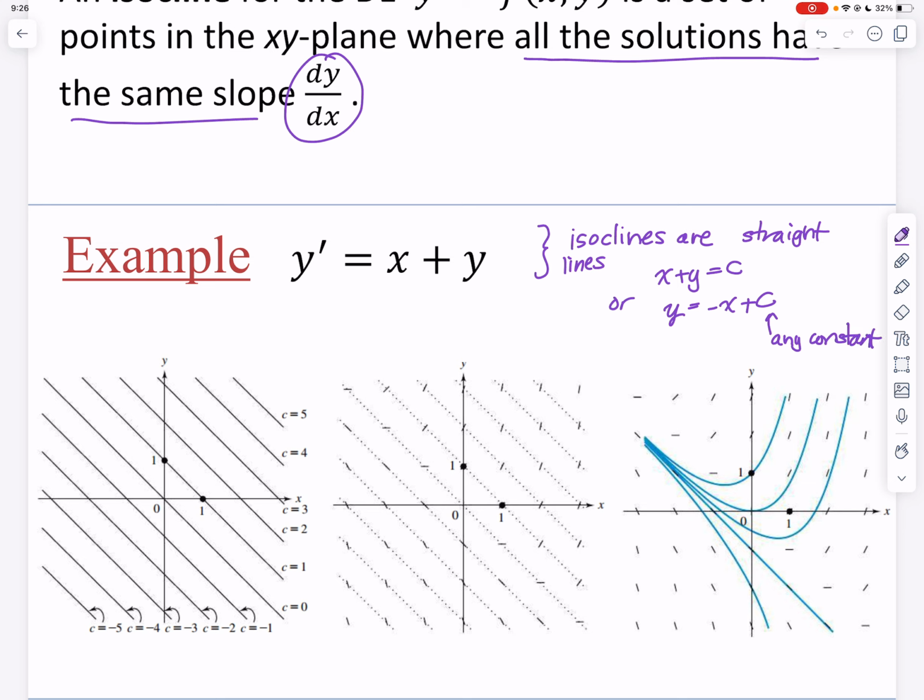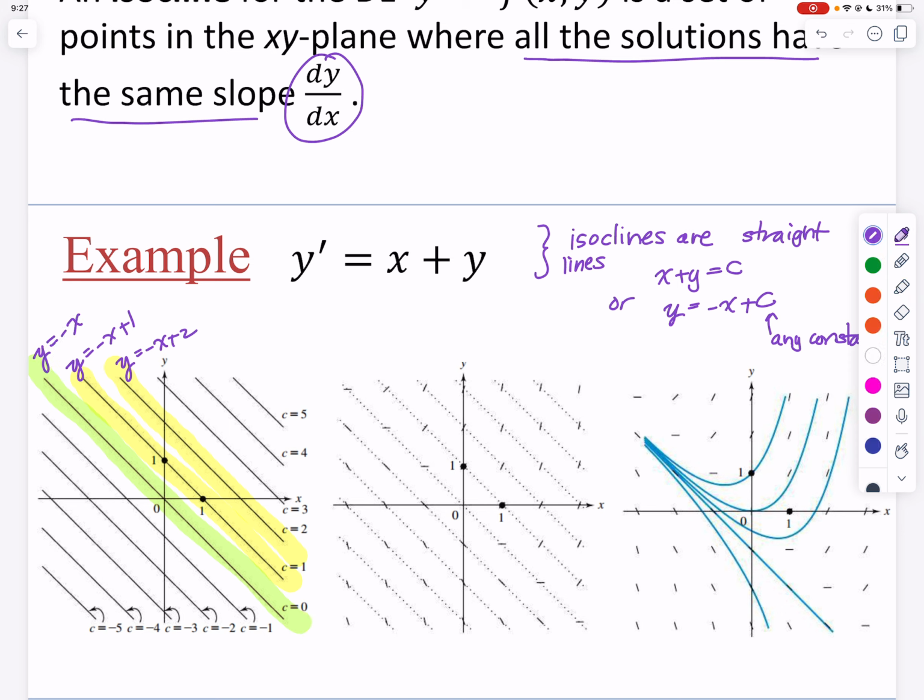You can see here in this first sketch that we have all of the isoclines graphed for y equals the opposite of x plus 1, y equals the opposite of x plus 2, and here, of course, I'll do this one in green, this is just y equals the opposite of x, since c is 0.